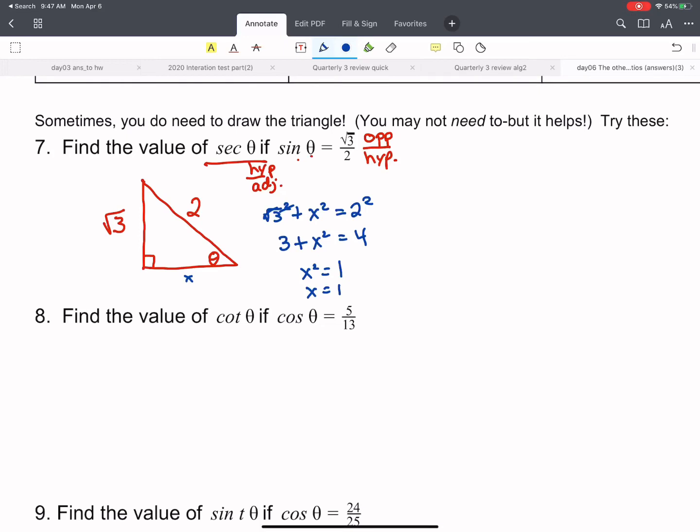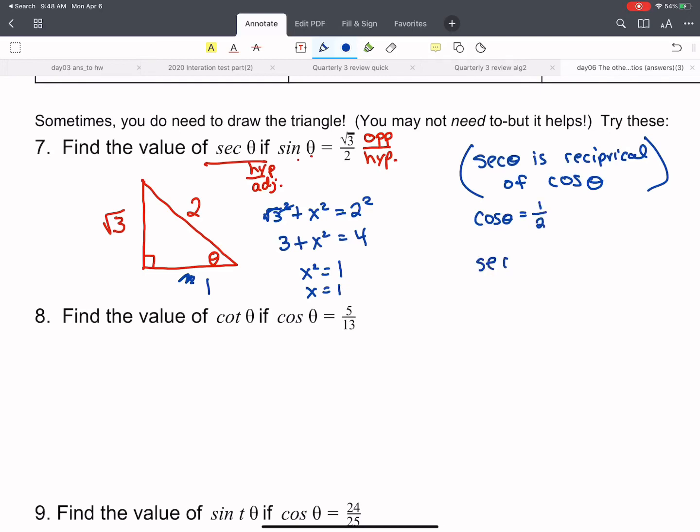So let's take a look. I can put this now as 1, and I can solve this. Since secant is the reciprocal of cosine theta, it helps me to find cosine theta, right? So cosine theta is adjacent over hypotenuse. So cosine theta would be 1 over 2.